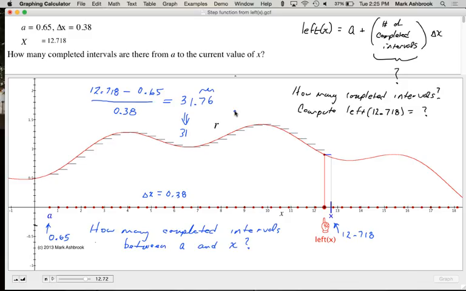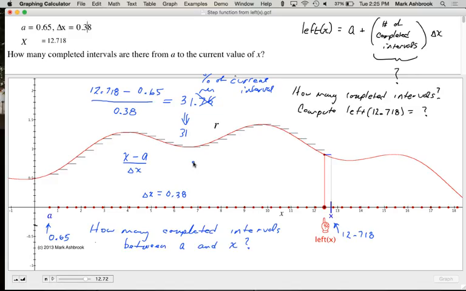So we just want to cut that off, because this is the percent of the current interval, 76%, and we don't care about anything to do with the current interval here. So what did we do? We took x minus a, and we divided by delta x, and that gave us the number of intervals along with the percent of the current interval. And then we want to chop off the decimal.